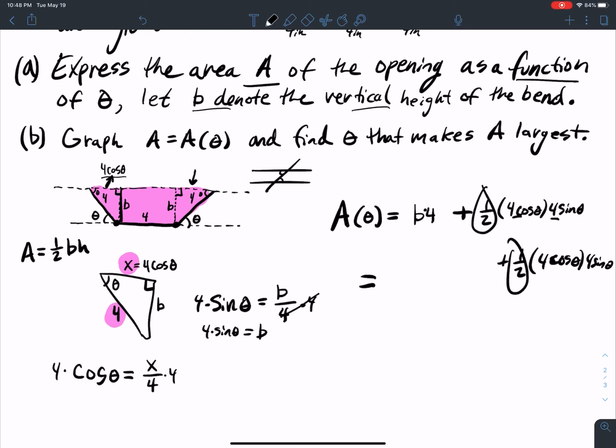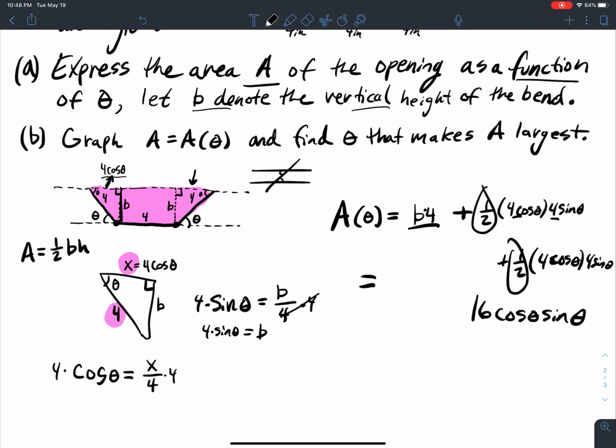Divide by 2 is 8. All right, so I have 8 there and 8 there. So that's 16 cosine theta sine theta total. And this 4 times B, that's 16 sine theta.